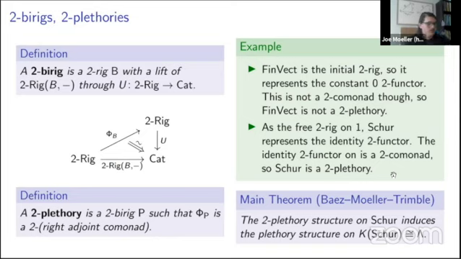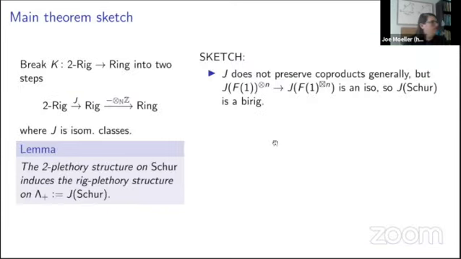So I'm going to have to skip telling you why lambda happens to be the Grothendieck group of the category of Schur functors. I could tell you later after the talk if you want. But now I'm going to attempt to sketch some of the ideas that go into proving this main theorem.